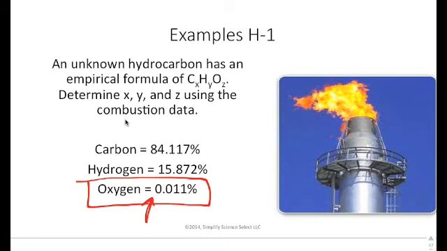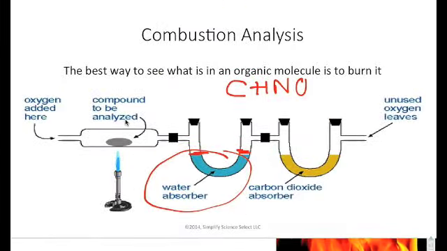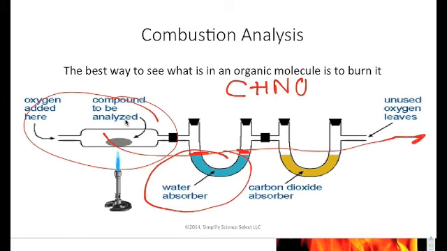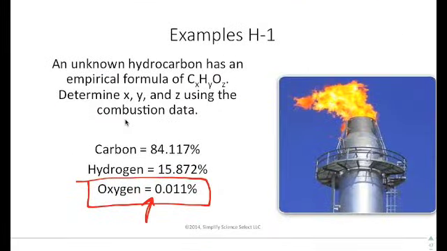It is possible that you're going to have something very large like C1000, H1500, O1, but it is unlikely. Based on the experimental concept that we had here, where we're pumping excess oxygen through and then measuring the oxygen that leaves, it is far more likely that this 0.011% oxygen is not from the compound, it is more than likely a contaminant.